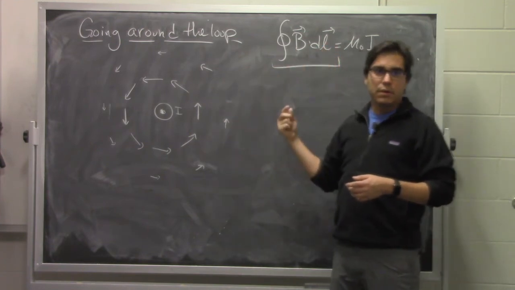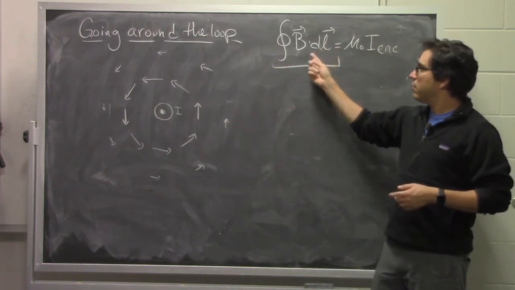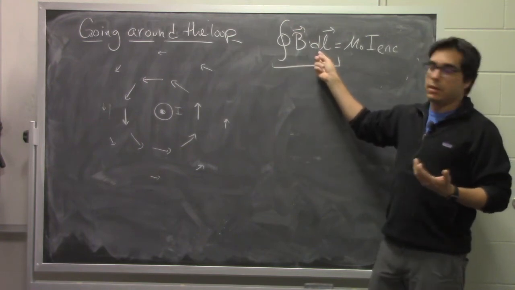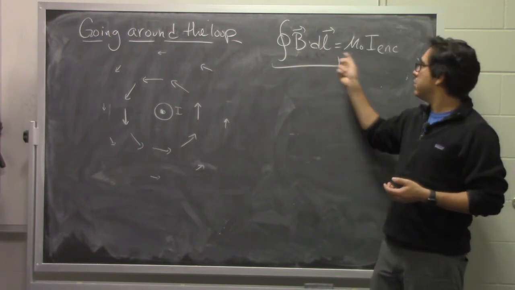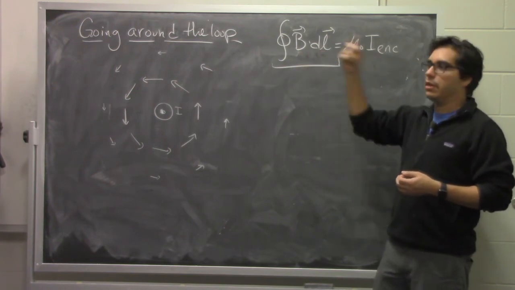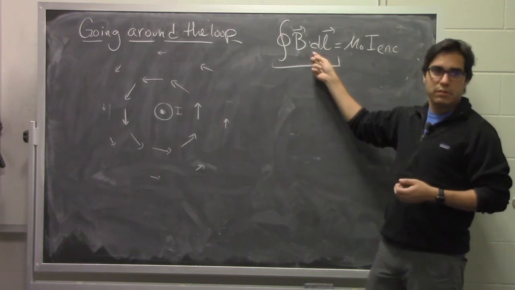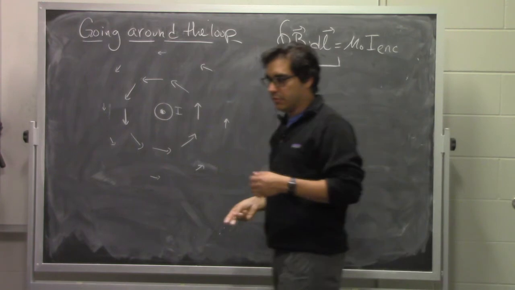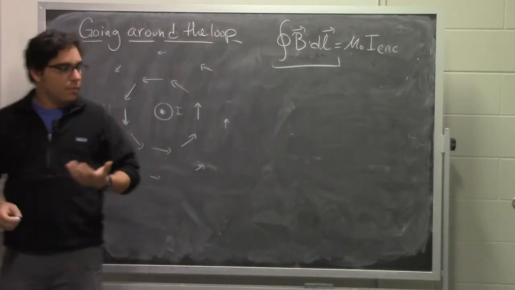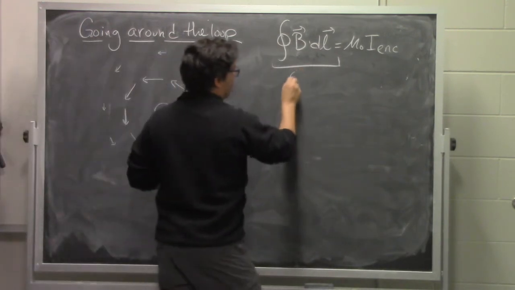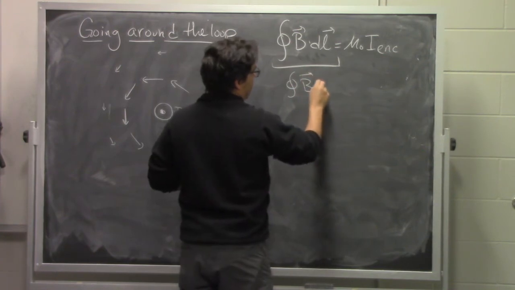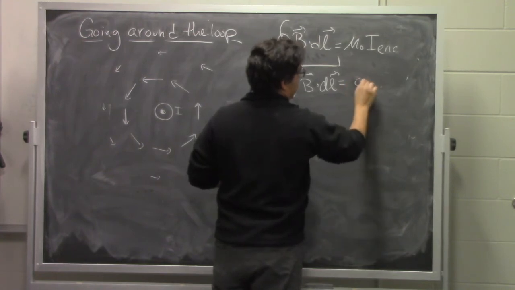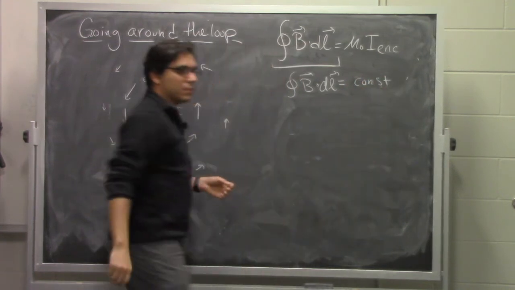As we get farther from the source, the field goes down, but the perimeter gets bigger. They play off of each other exactly so that the total circulation, which is what this calculation gives you, is the same: it's equal to the enclosed current times mu zero. This is quite interesting. It tells you that in most of the cases we'll deal with, because we're dealing with steady currents, this circulation is going to be equal to some constant.